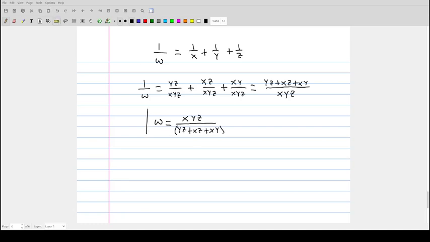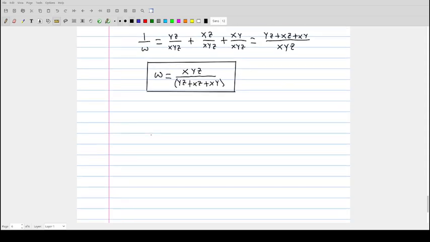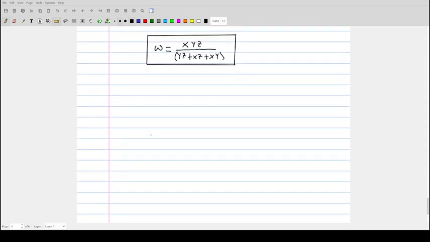This is the longer method of getting the rate of change of the equivalent resistance. But if you solve for the equivalent resistance in terms of resistor 1, 2, and 3, which I've done right here, to calculate any one of the partial derivatives, say dw dx, you can just use the normal derivative laws that you know from calculus 1.